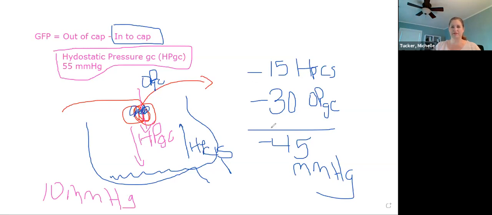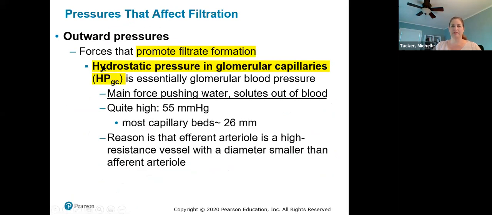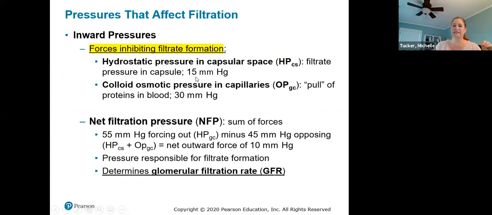So again, more of those pressures. So we had hydrostatic pressure, 55 millimeters of mercury, that is the push. Then resisting it are 30 millimeters of those plasma proteins pulling fluid back in. Resistance from the hydrostatic pressure in the capsular space is 15.